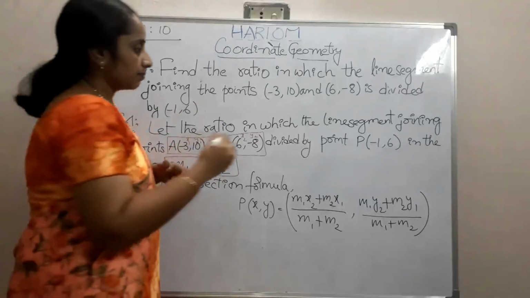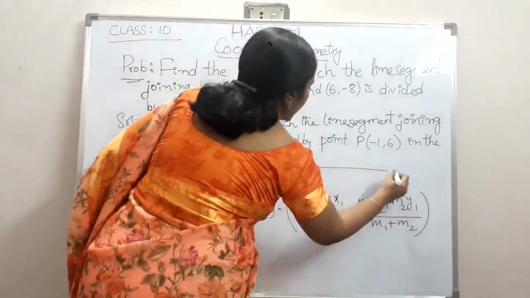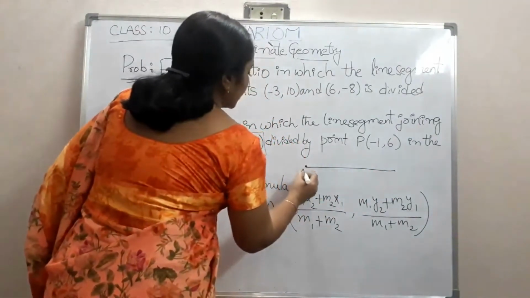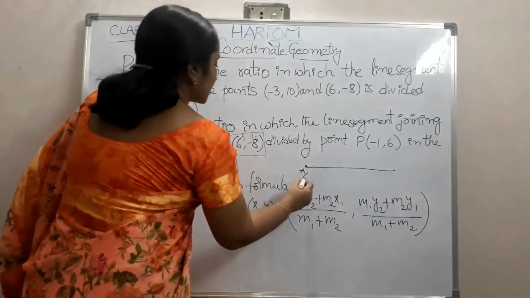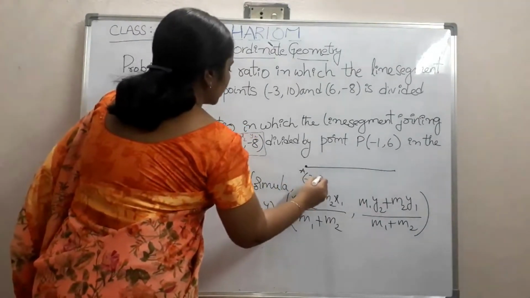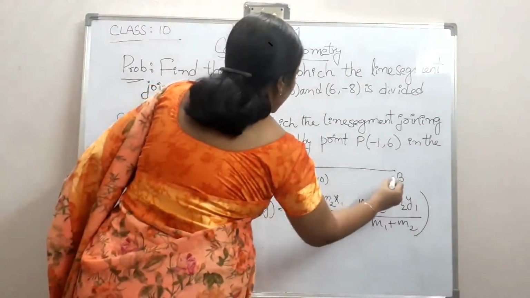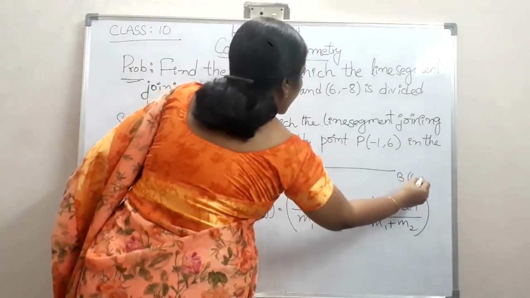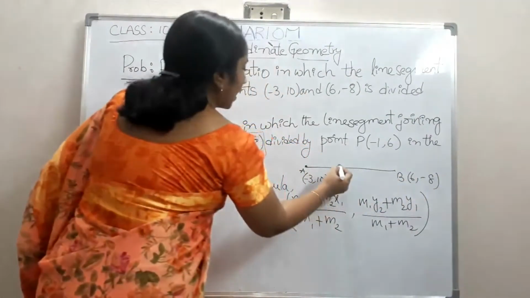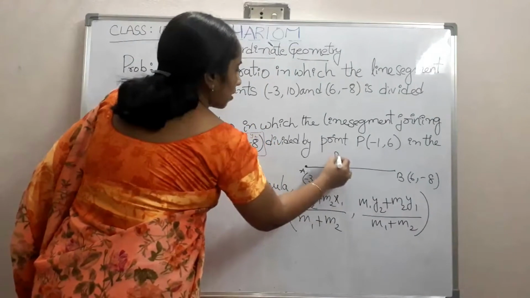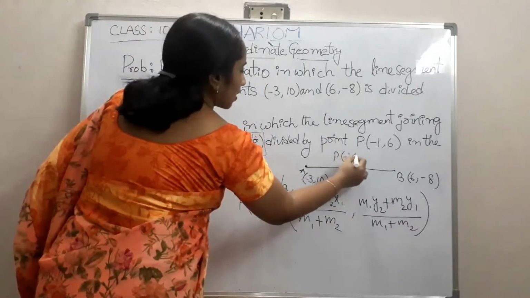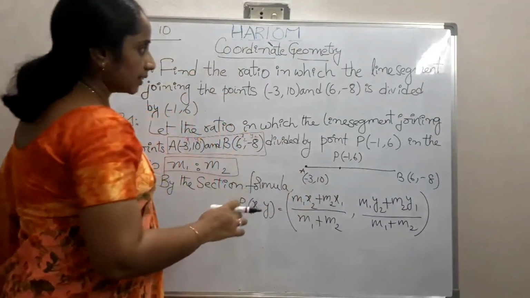See this, here is a line segment A (-3, 10), B (6, -8), and P (-1, 6).